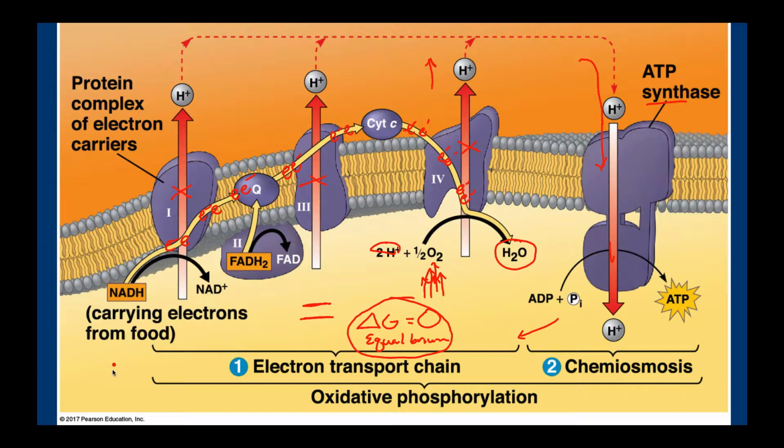And that is why you constantly are eating foods in your diet. You're constantly breathing in oxygen and delivering oxygen to the electron transport system, so that we continually allow this flow of electrons down the electron transport chain. So that involves the constant pumping of hydrogen protons into that intermembrane space.